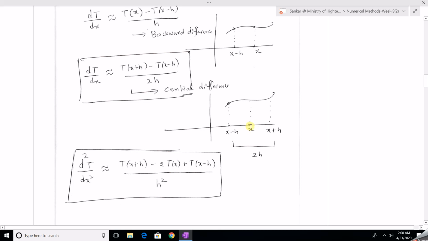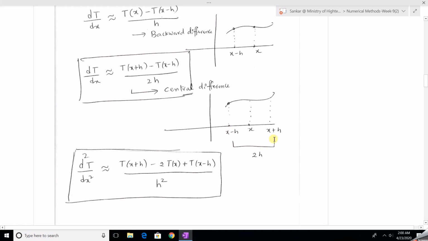So if you want the derivative at x, we find the value of the function at x plus h, that is t of x plus h, and the value of the function at x minus h, that is t of x minus h, and we take the length of this interval. So x minus h to x is h, and x to x plus h is another h.